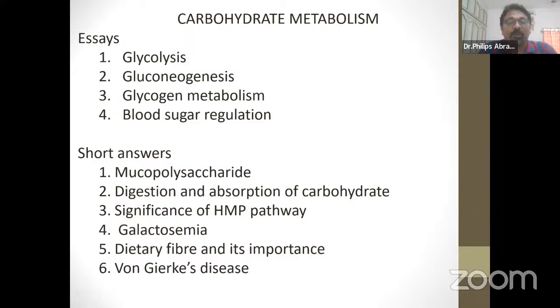Another question, which we think is a very simple one, is about the digestion and absorption of carbohydrate. I've seen students simply write some general ideas about it, but the most important thing is, when we talk about digestion, to say how each enzyme acts.